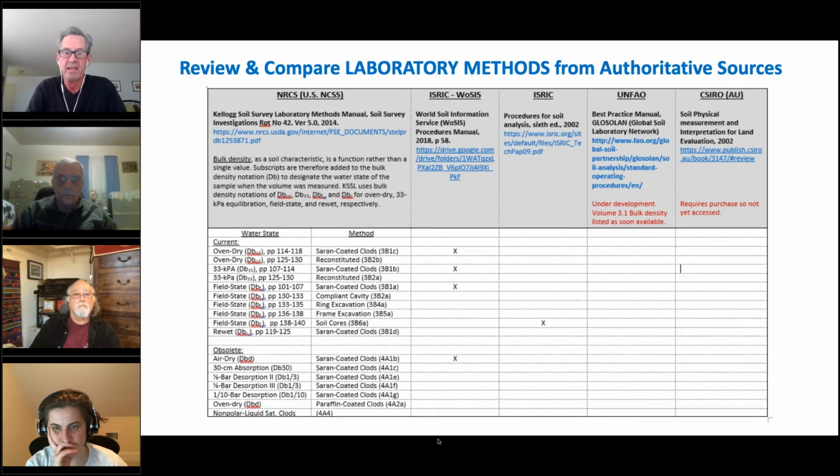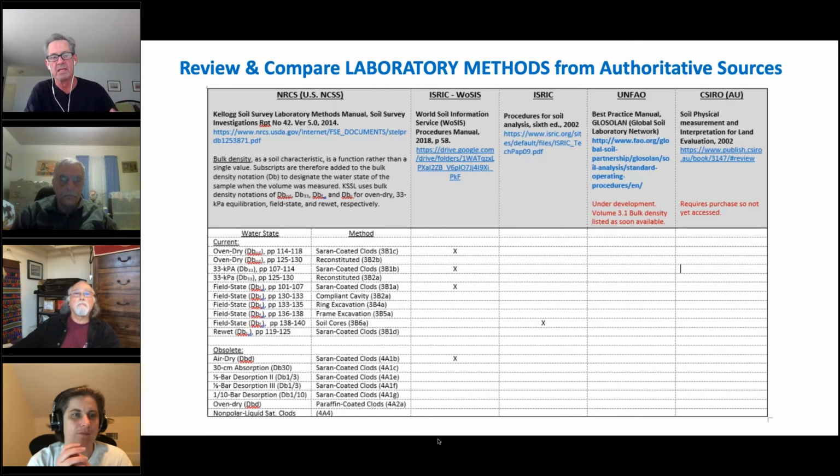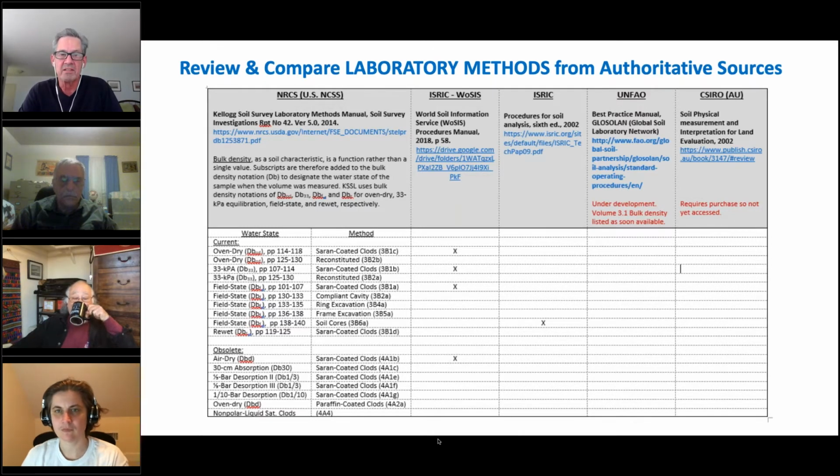measurement is being made. And so the methods manual, the KSSL methods manual, is a very good reference, really lays this all out in detail, and it's 45 pages or so worth of technical description. I then started to do some cross-referencing and comparison to the ISRIC procedures manual, to a best practice manual that the UN FAO is putting together, and so forth and so on.